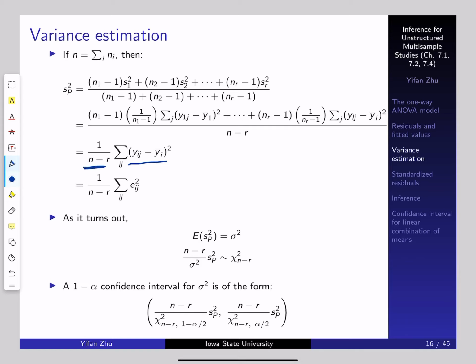So we also showed that the denominator is n minus r. That means the pooled sample variance is just the sum of squares of the residuals divided by n minus r.